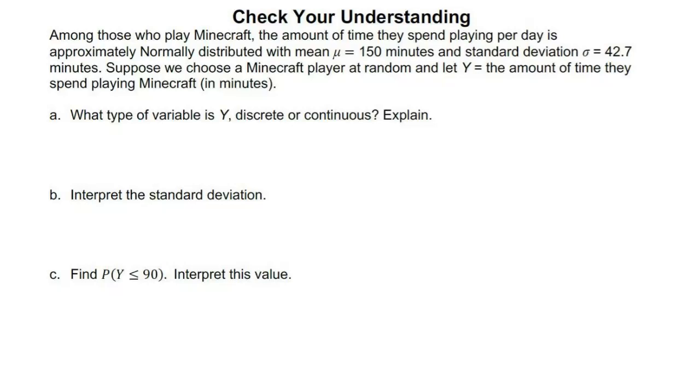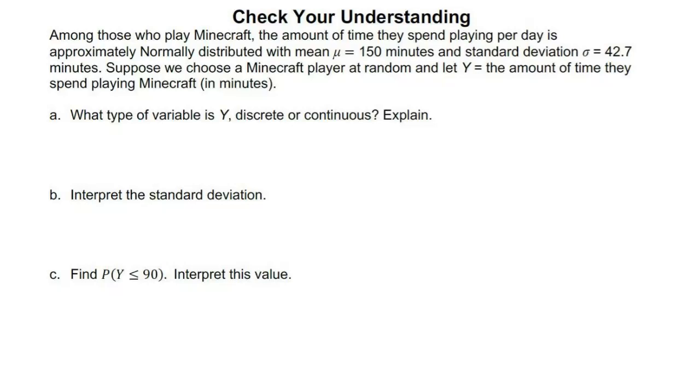What type of variable is y? Is it discrete or is it continuous? Continuous. If it's discrete, it can only take on set predetermined amounts. If you think about how long somebody plays Minecraft for, they might play it for 5 minutes, they might play it for 5 minutes, 30 seconds. They might play it for 1 day, 7 hours, 32 minutes, and 14 seconds.